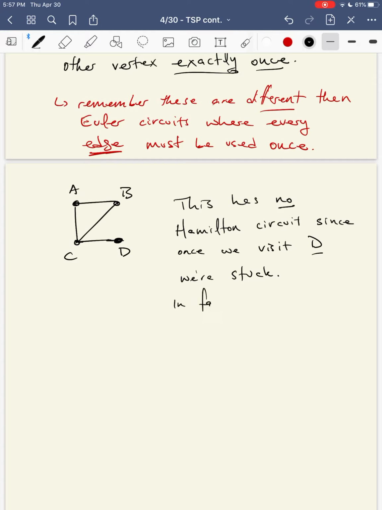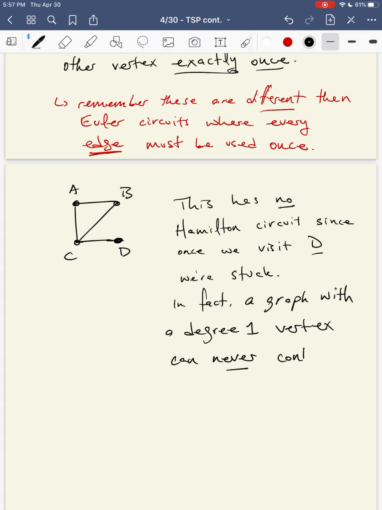In fact, I'll say this fact, a graph with a degree 1 vertex can never contain a Hamilton circuit.